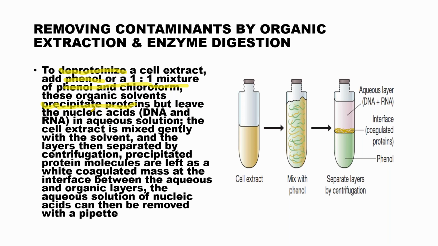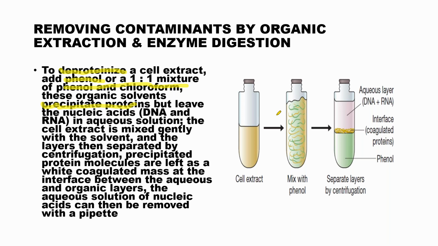So deproteinization, that is removal of protein, can be done by addition of either phenol or a 1:1 mixture of phenol and chloroform. Now, what is the principle behind this? These organic solvents will remove proteins as a precipitate but leave the nucleic acids in the aqueous solution.